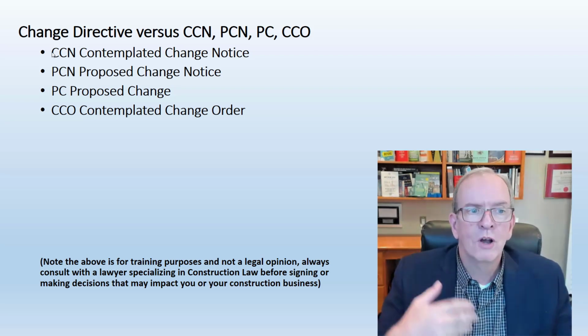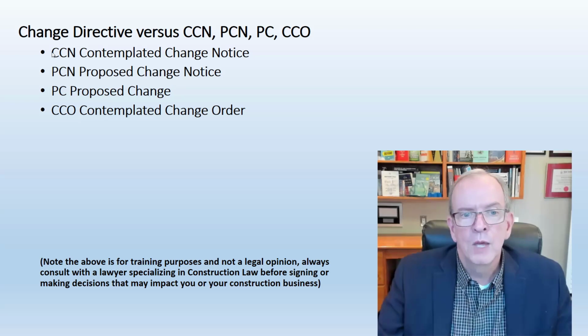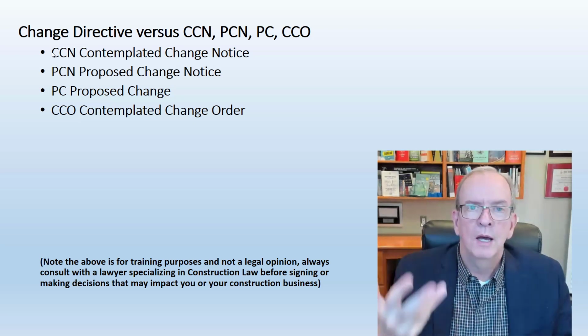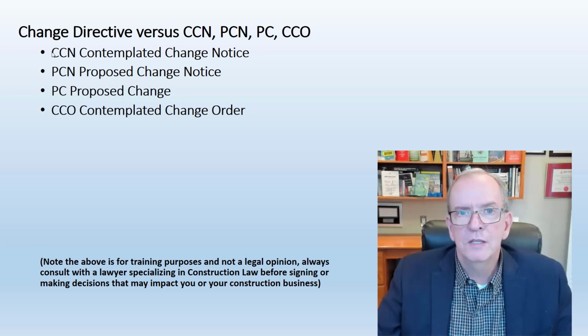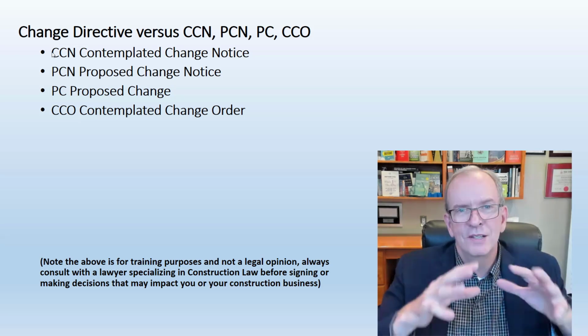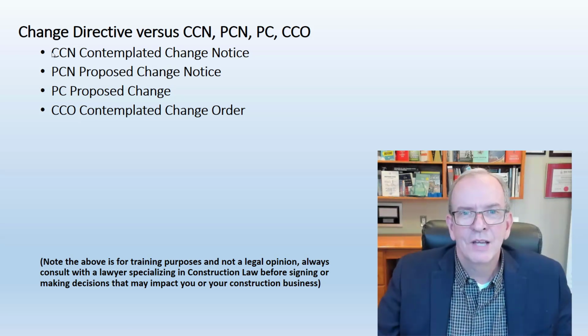The words contemplated and proposed spell out that this is not a change. This is something that is being discussed, drafted, priced, and scheduled. You see these different abbreviations, maybe even other ones I'm not aware of, used all the time, but from a contract point of view, that's not it.